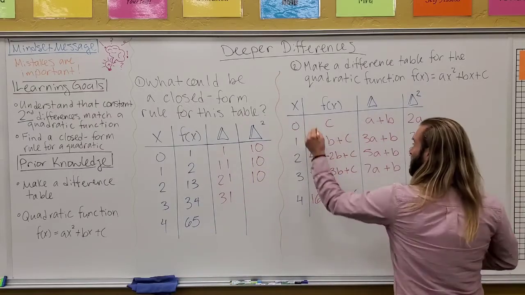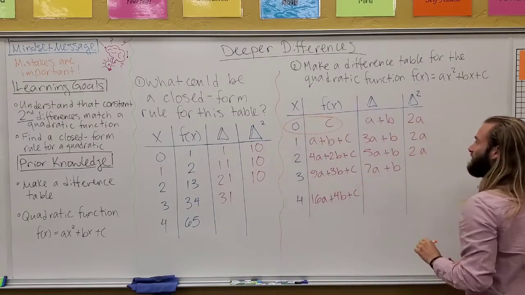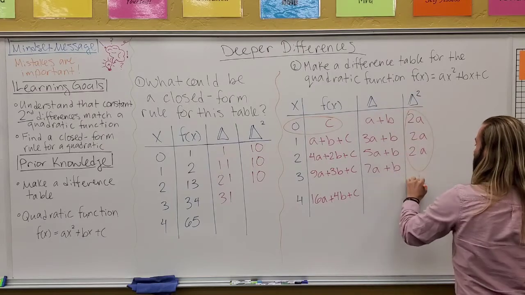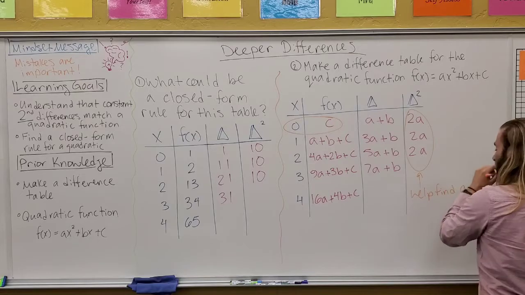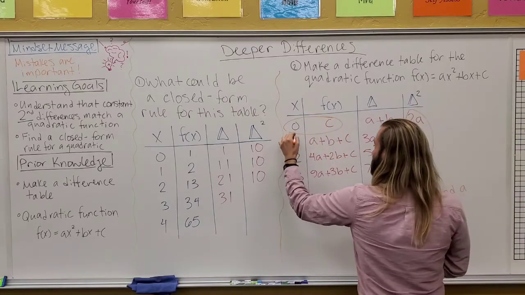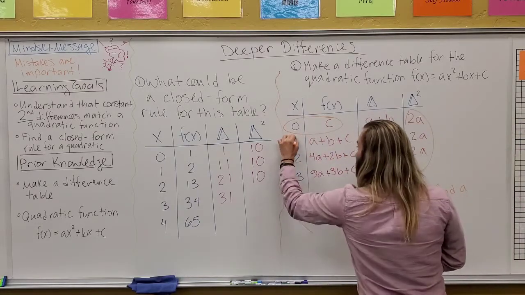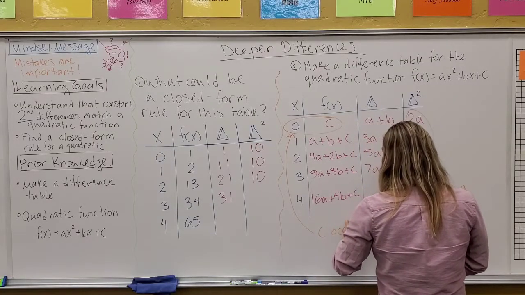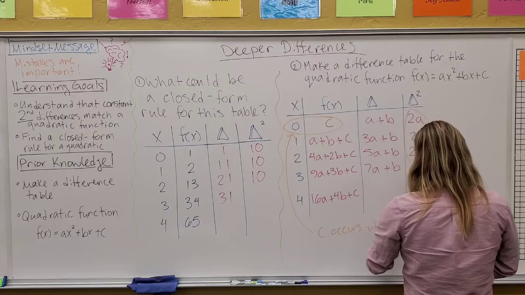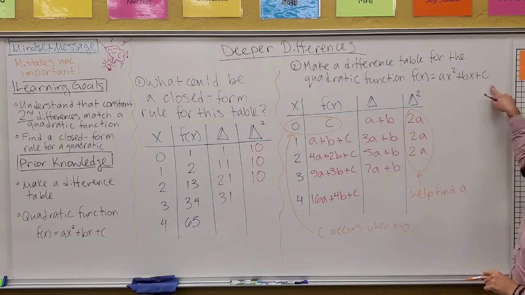All right? So, conclusions from this. One thing is important to note. This guy right here and this guy right here. This will help me find A, and this will help me find C, okay? And I'll write this. C occurs when x equals 0, which I guess we already noticed, right?